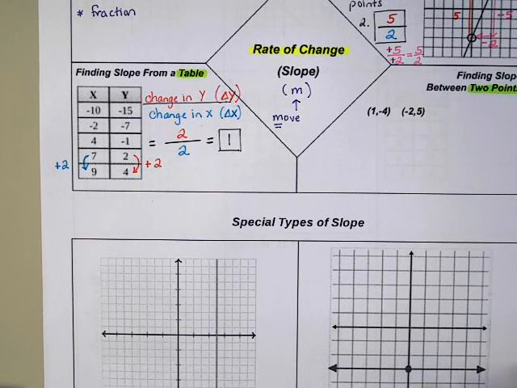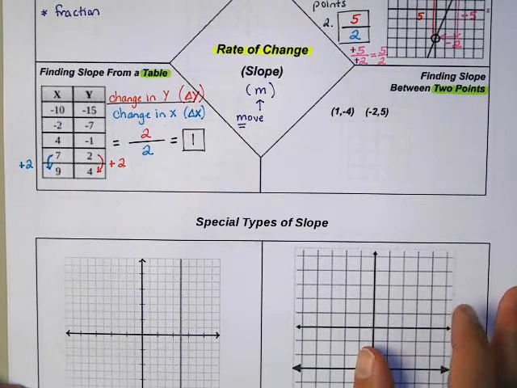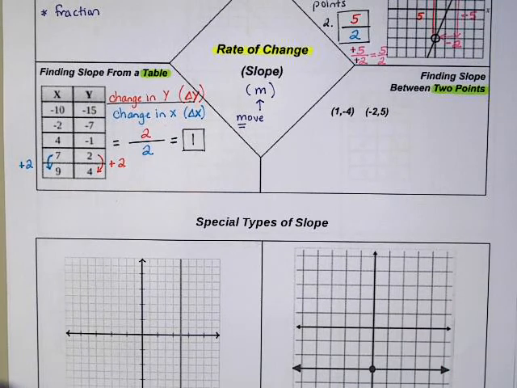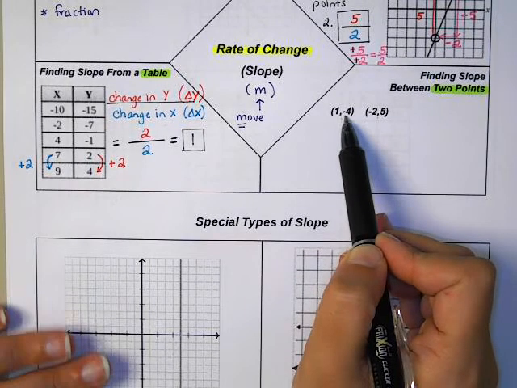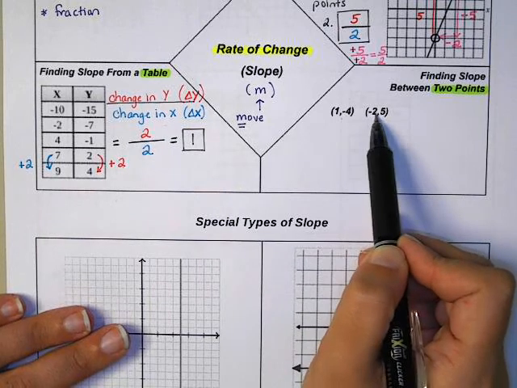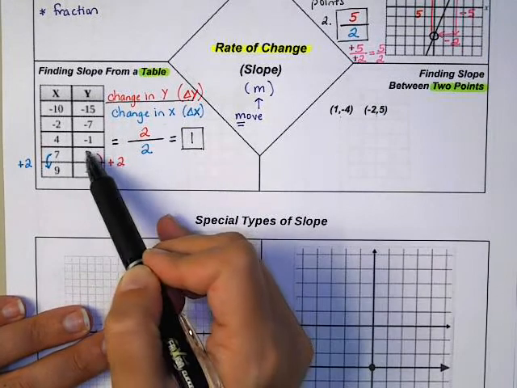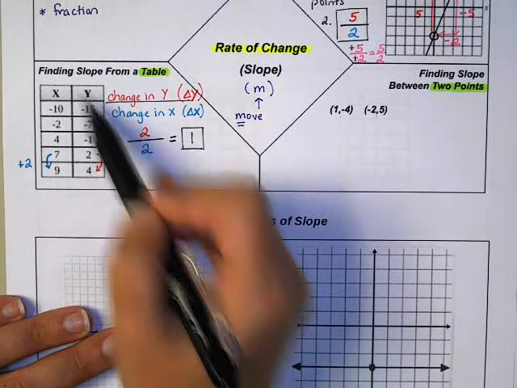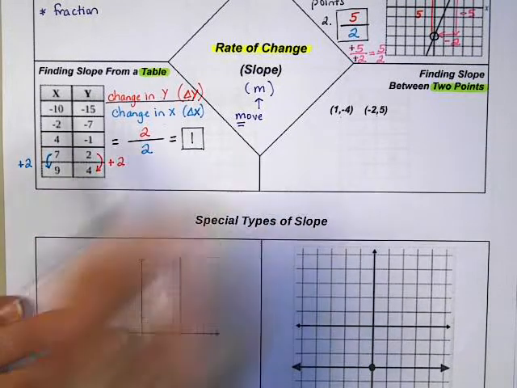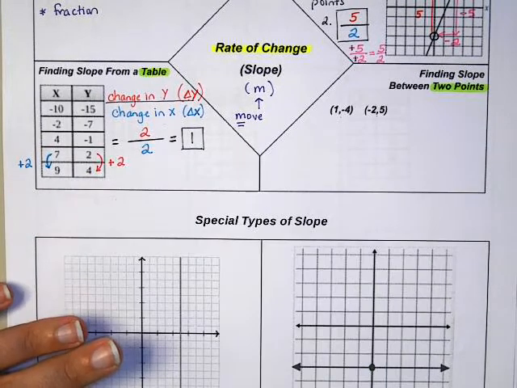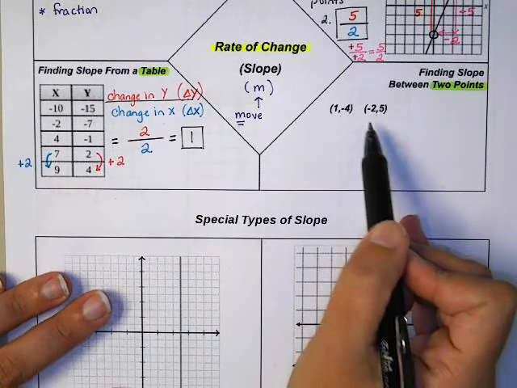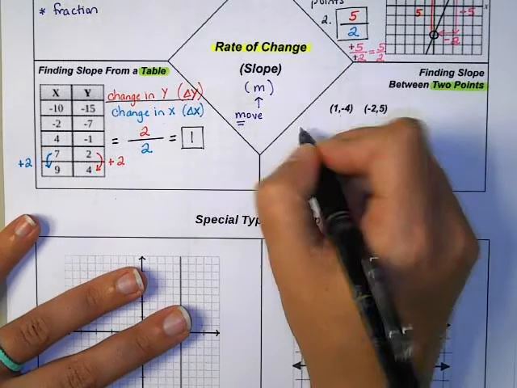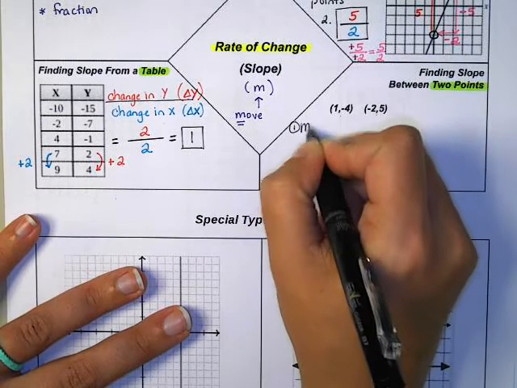Now let's talk about the last thing, which is how do we find slopes between 2 points? Now, what I would suggest is when we have 2 points like this, I'm going to take these 2 points and I'm going to turn them into a table of values, just like I had a table of values here. That way, I'm going to be able to use this same idea to find the slope between 2 points. So first step is make a table.